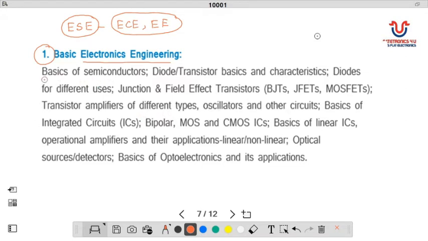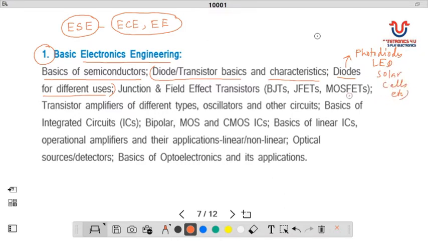There are the basics of semiconductors, then diode and transistor basics and characteristics, and diodes of different use, which are nothing but photodiodes, LEDs, solar cells, etc. In this case they have not mentioned any name of the diode. Now there come junction and field effect transistors, that is the FET, BJT, JFET and MOSFETs.